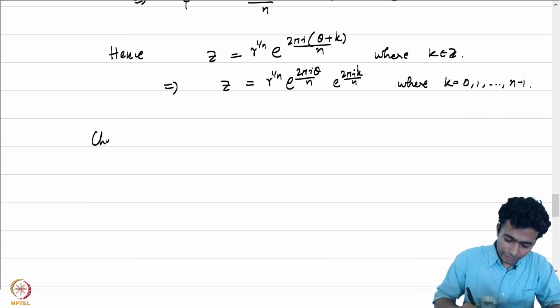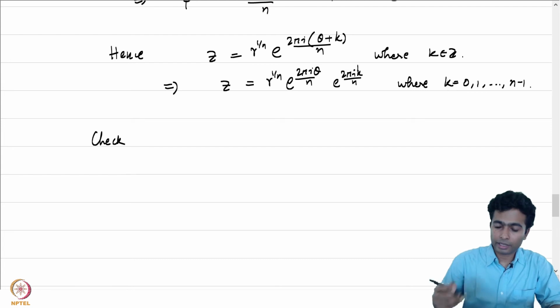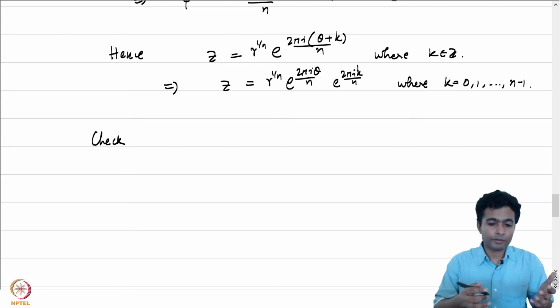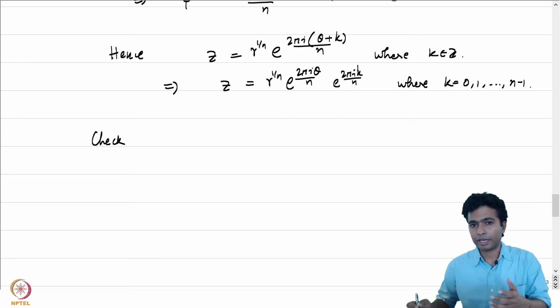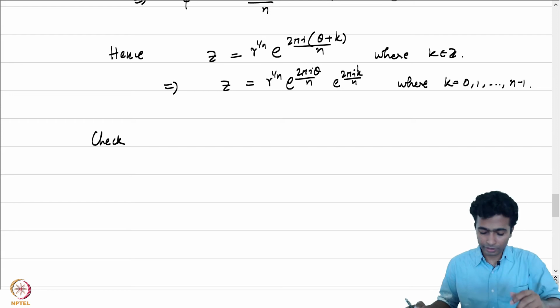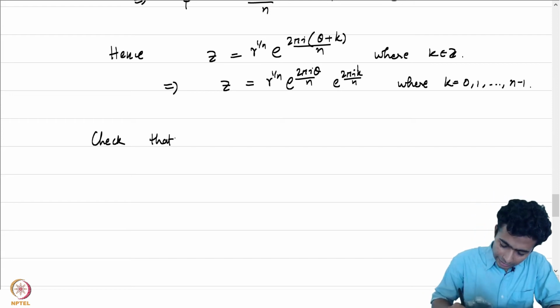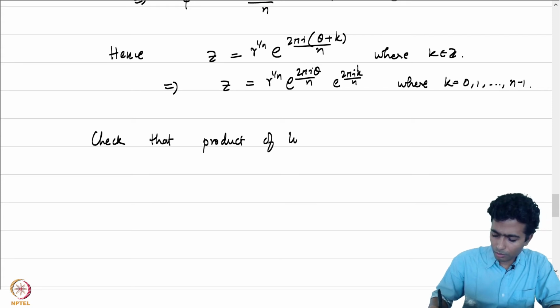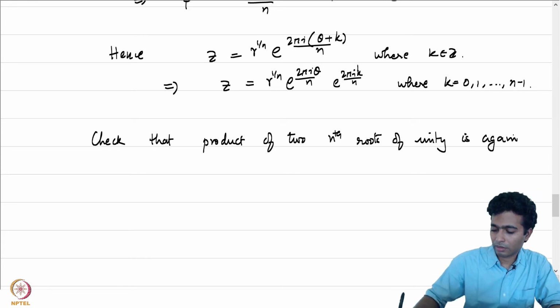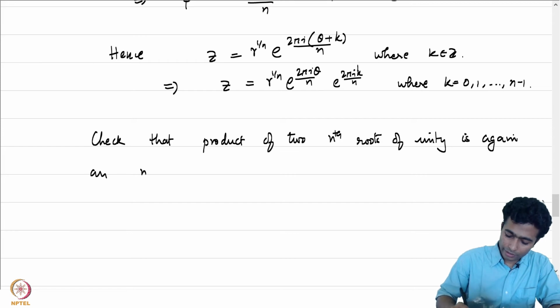I will just leave it to you to check that if you take an nth root of unity and multiply it by another nth root of unity, you get back another nth root of unity. Check that the product of two nth roots of unity is again an nth root of unity.